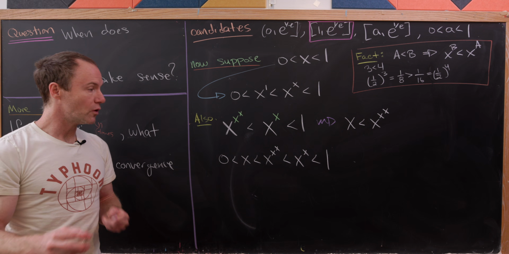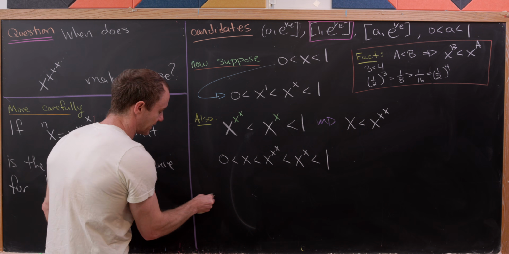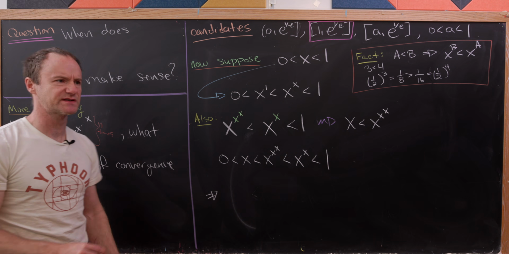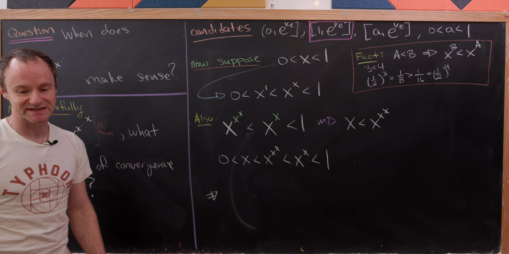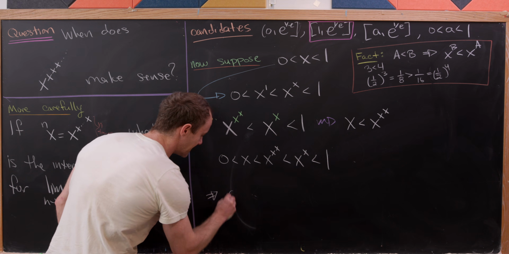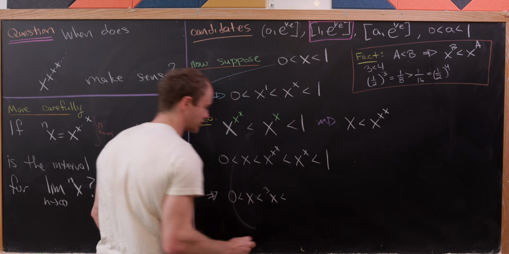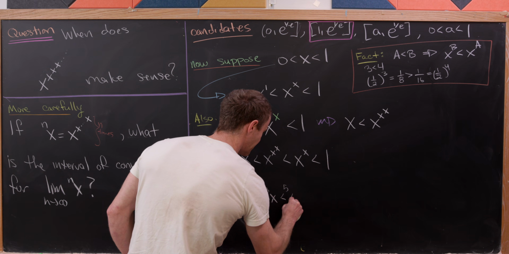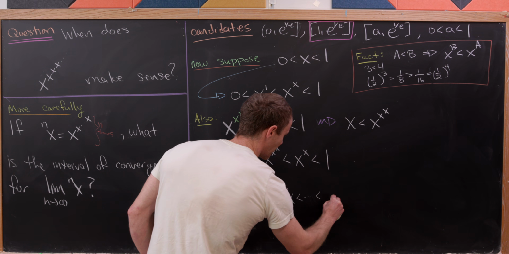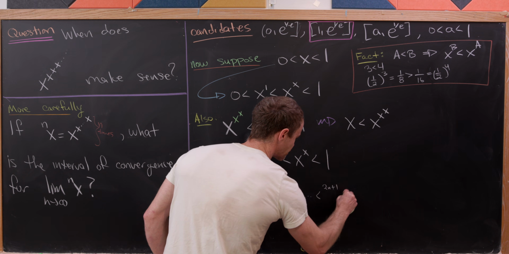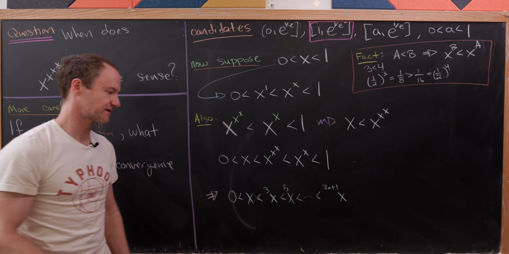And this motivates a big inequality. I'm not going to prove this, but you can prove this using the strategies that were just outlined here. And that is that 0 is less than x, which is less than the 3rd tetration of x, which is less than the 5th tetration of x, and so on and so forth. Then we have an arbitrary odd tetration of x.